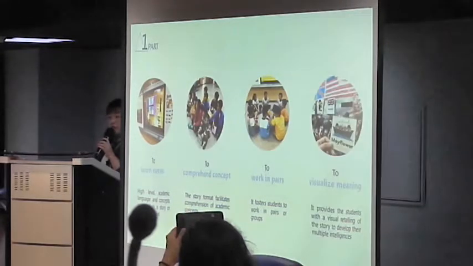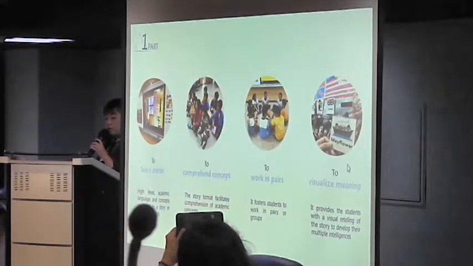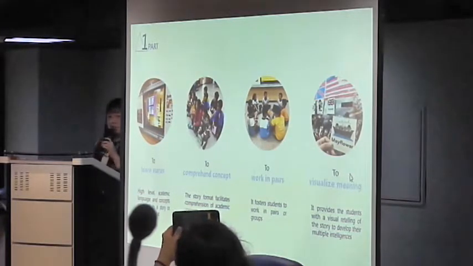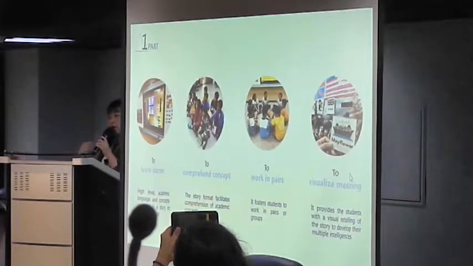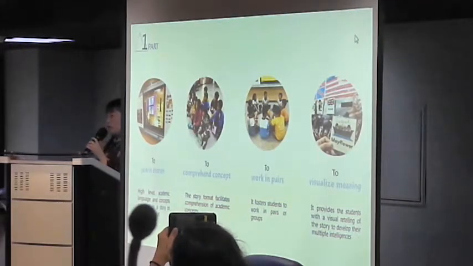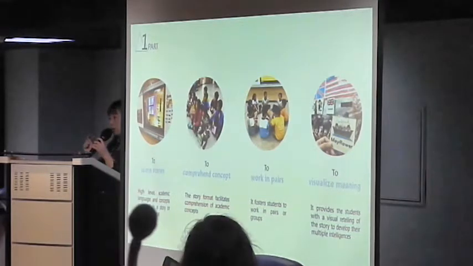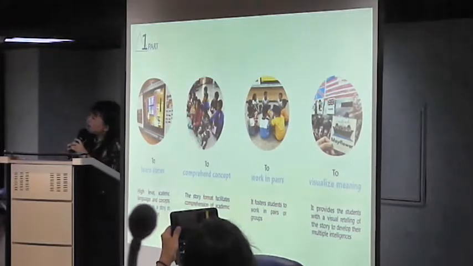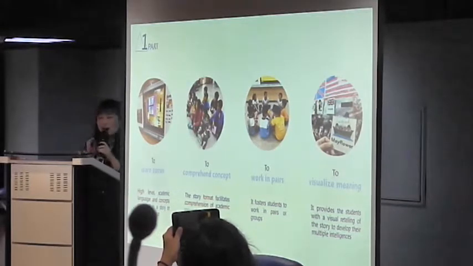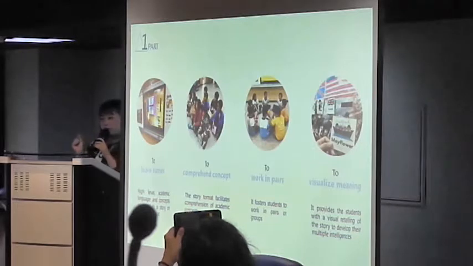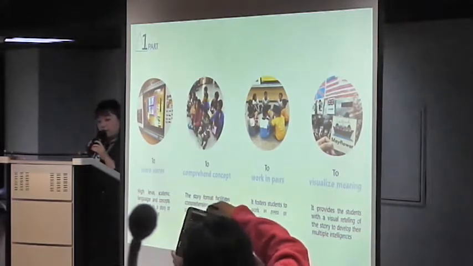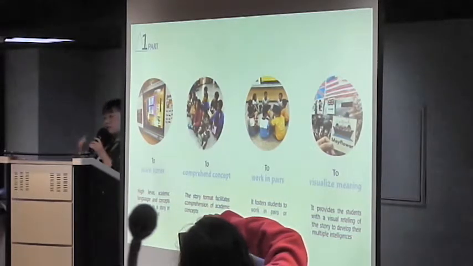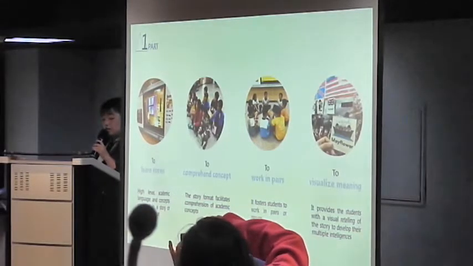I think this is the best way to help students visualize the meaning, because as English teachers we face a problem: when you talk about a difficult word, students sit there with their eyes saying, what are you talking about? It's really hard to convey a difficult concept to your students, so try to use pictures to visualize the words. That is really good.